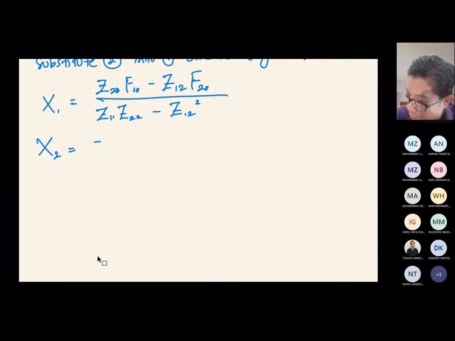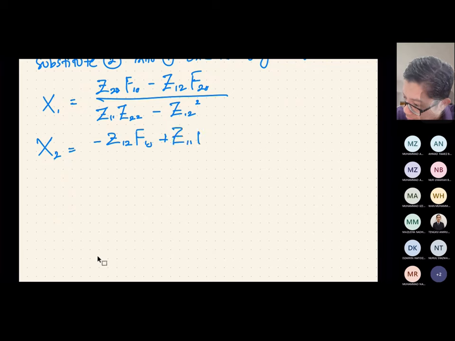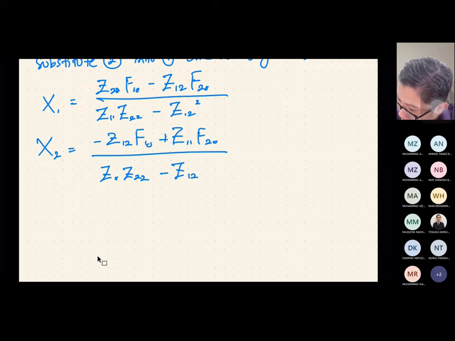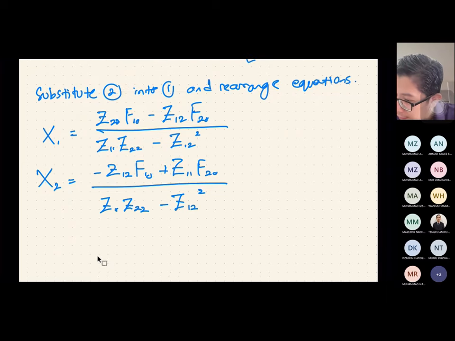Doing the same thing, we get negative z12 f10 plus z11 f20 over z11 z22 minus z12 square. Okay, so kita ada dulu lah. Yeah.